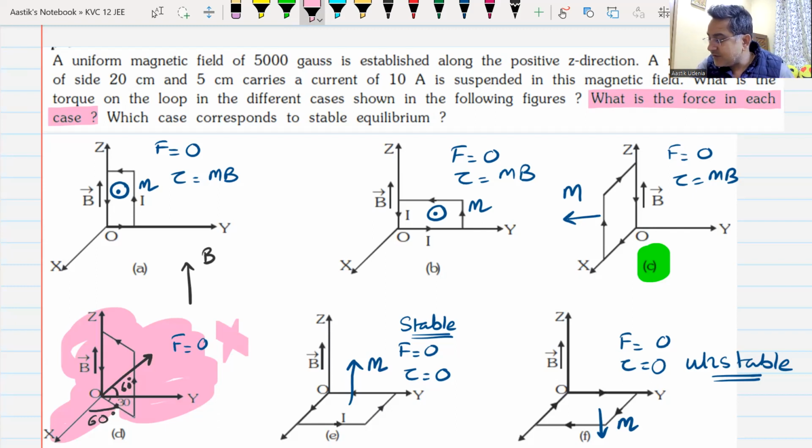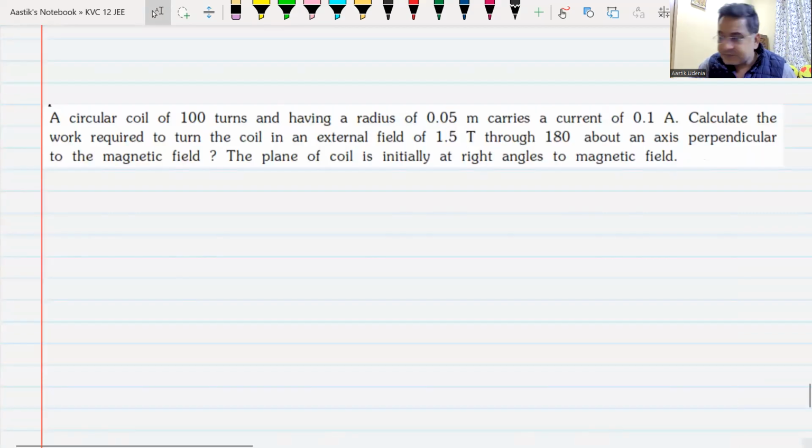This is the question that I want you to do in place of that question. A circular coil of 100 turns and having a radius 0.05 meters carries a current of 0.1 ampere.